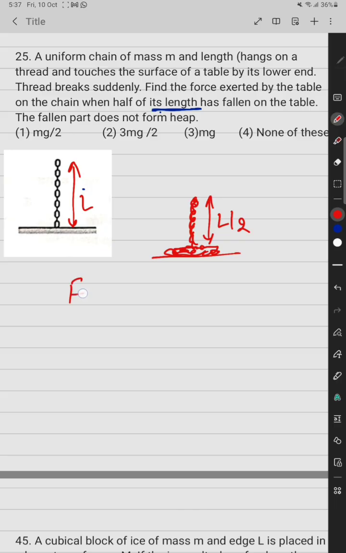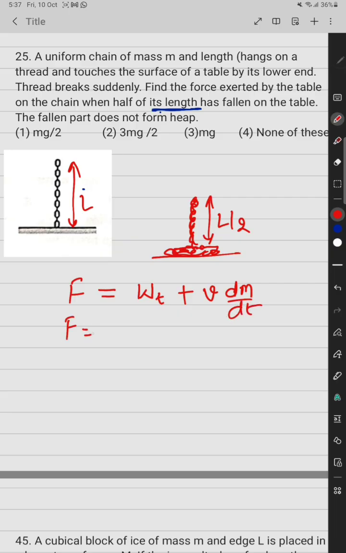So the force exerted by the table is equal to the weight of the chain which is placed on the table, as well as the force exerted by the variable mass. We know the force exerted by the chain is v multiplied by dm by dt.